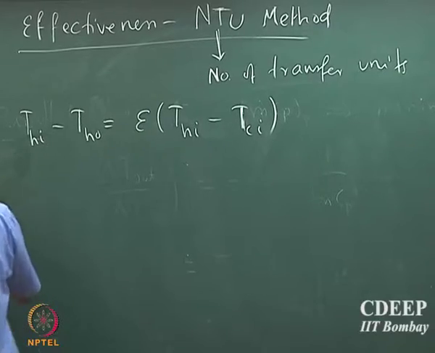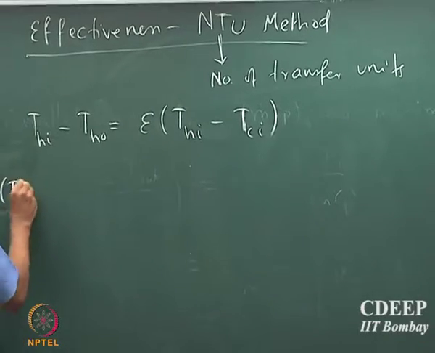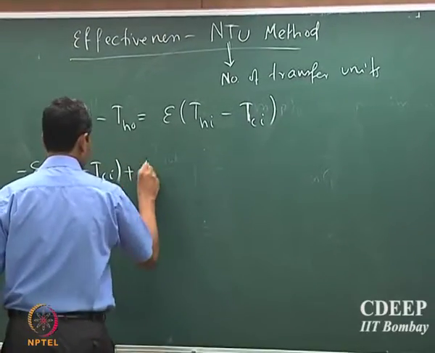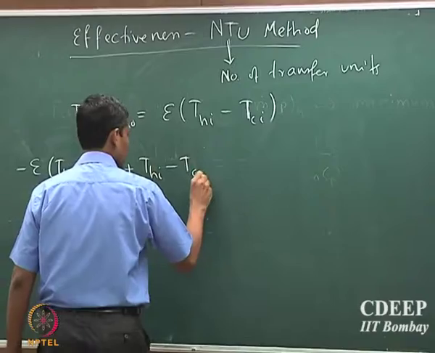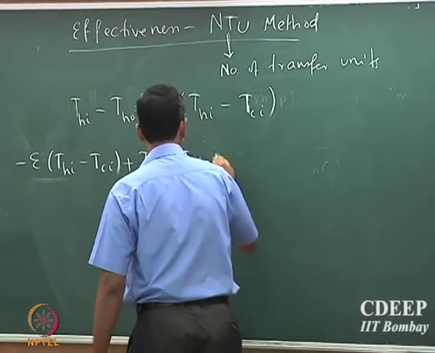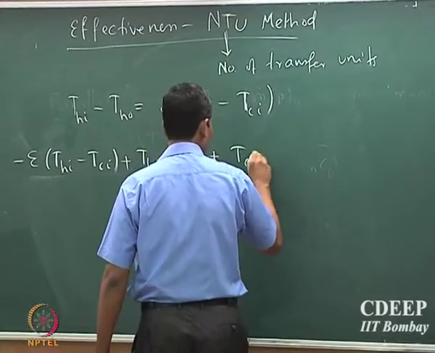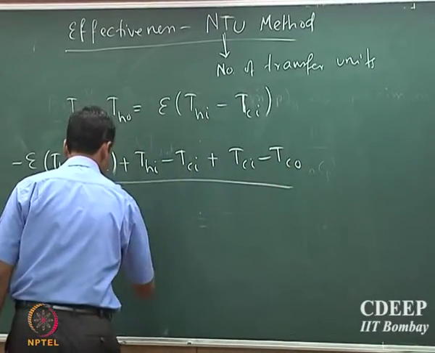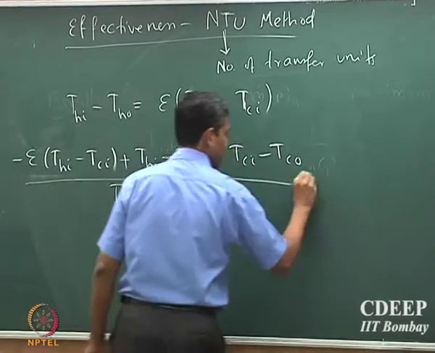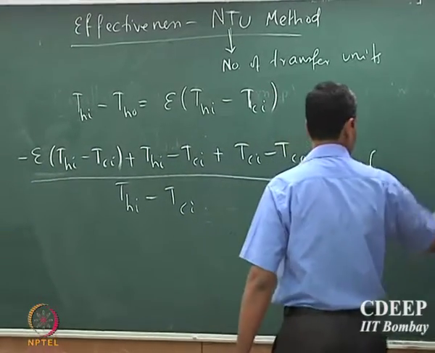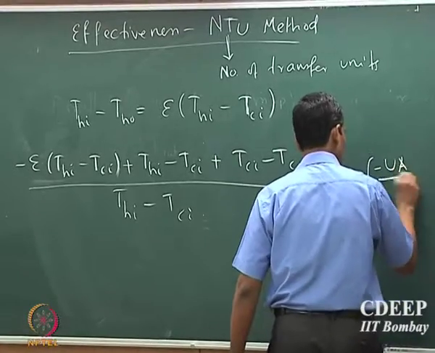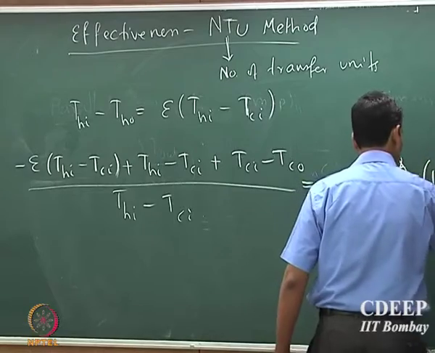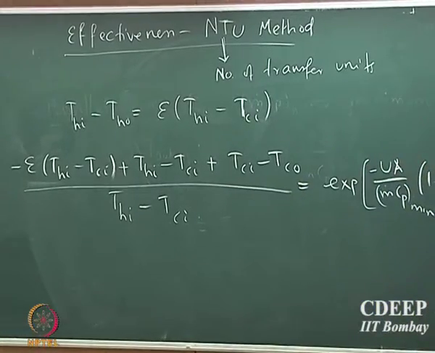So what you will get is minus epsilon into Thi minus Tci, okay, plus Tci minus Tco divided by Cr. Okay.